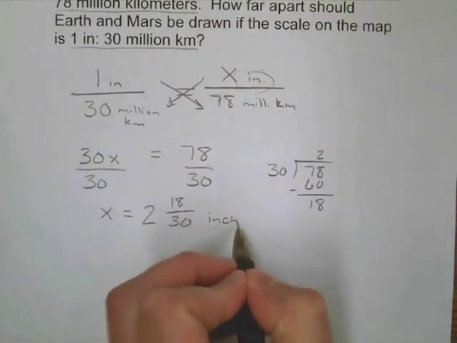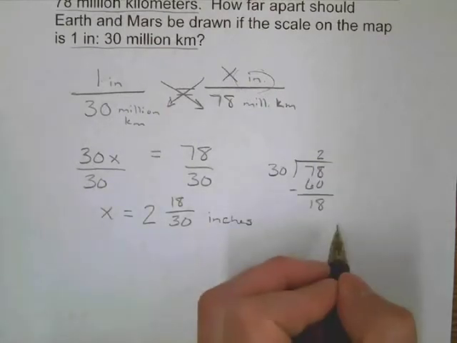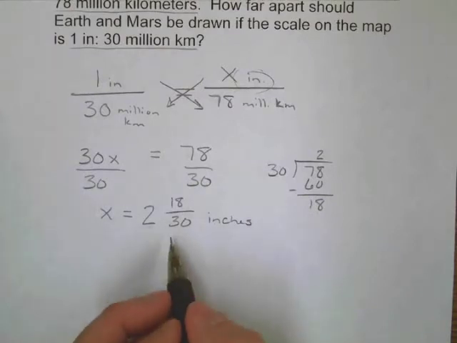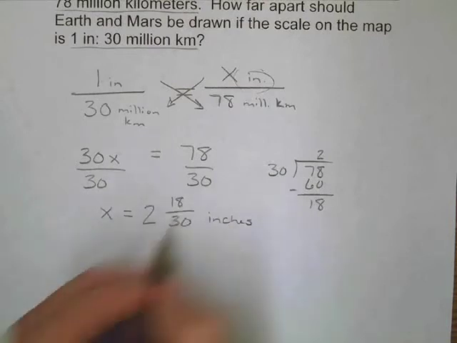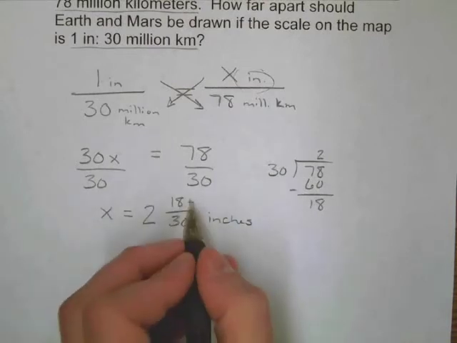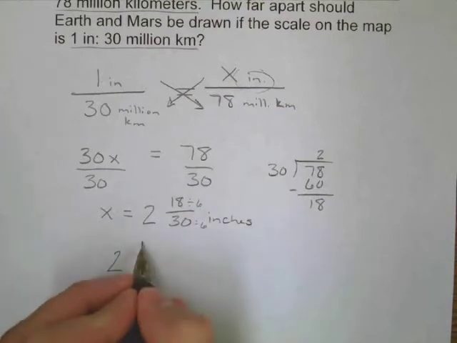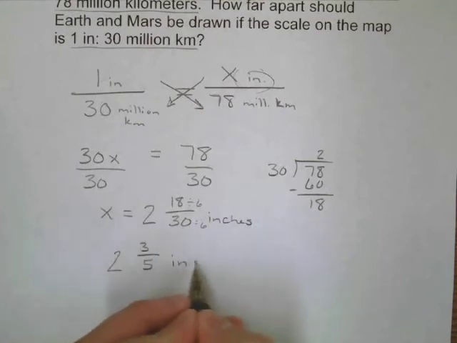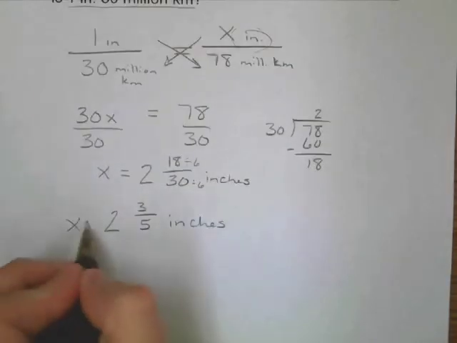And since it's in inches, I could take this out to a decimal, and that would be okay. But since it's in inches, we tend to keep things in fractional form. So I'm just going to reduce this down. So 2 and 18 thirtieths, well, I can divide both of those by 6. So I end up with 2, and 18 divided by 6 is 3, and 30 divided by 6 is 5. So I end up with 2 3/5 inches. So x is equal to that.